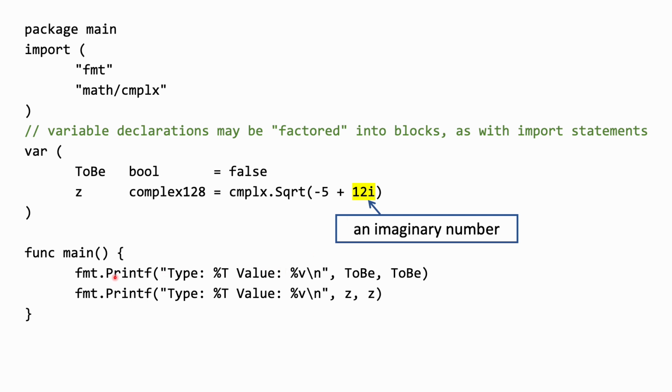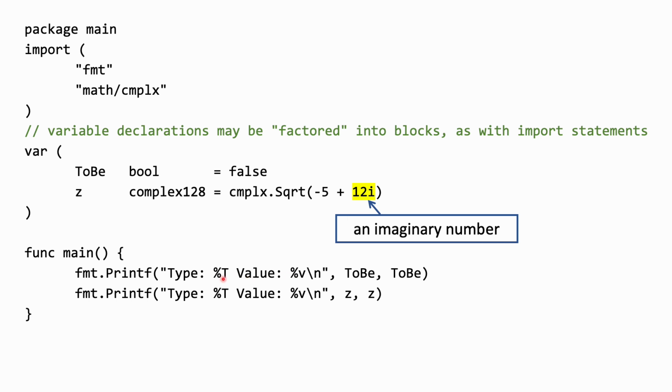And you can use the Printf function of package fmt with the %T formatting flag to show the type of the variable. Similarly, you can also use the %v formatting flag to show the value of the variable.